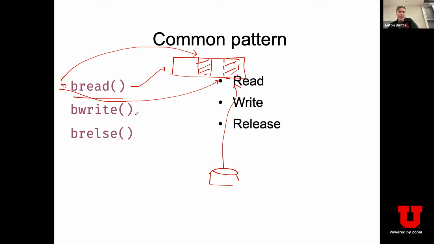At some point you say, maybe I changed the data here. You do the write. This write flushes the data back to disk. However, you still own the block, and then you do the block release, which means that at this point, the buffer cache can evict this element from the cache if it reaches the very end of the least recently used list.